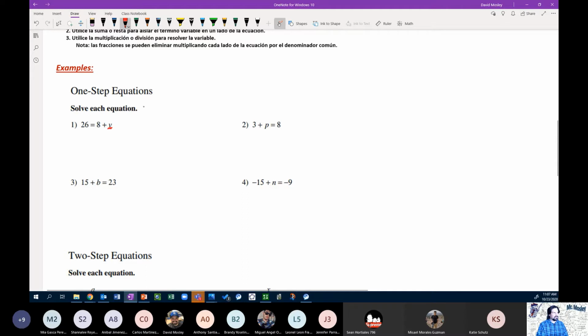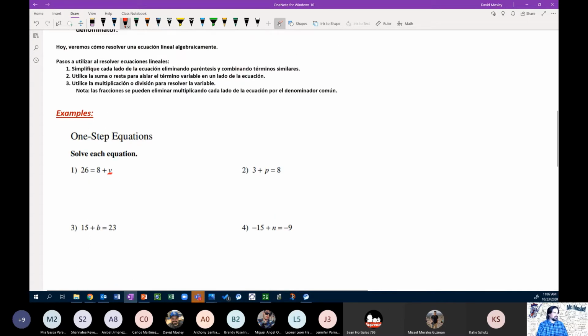Okay. So this, we're using step 2. Okay. We're using addition, la suma, to get the variable on one side of the equation. Okay. So now we need to subtract 8 from both sides of the equation.